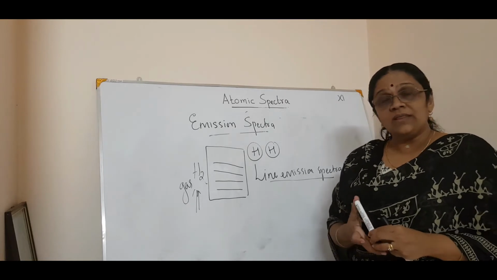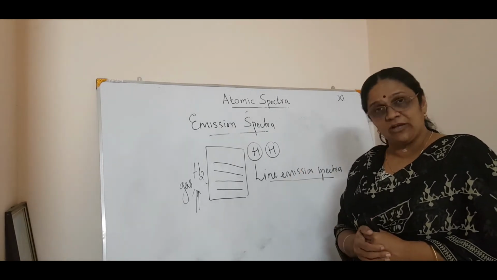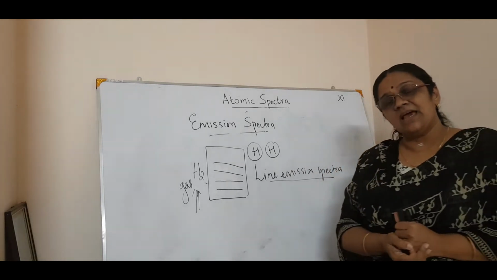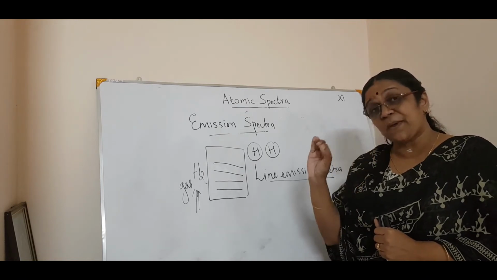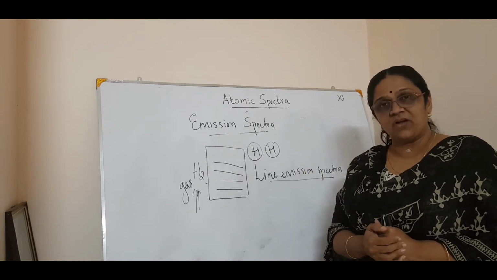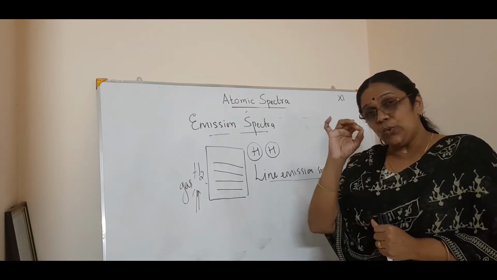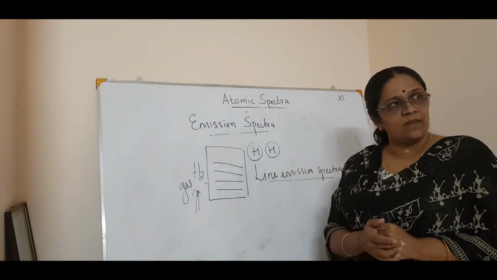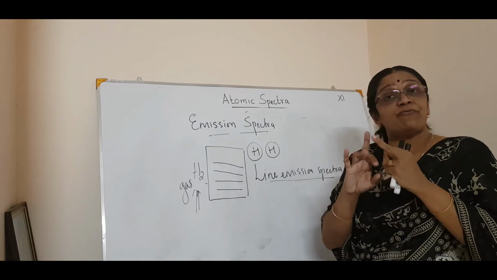And this line emission spectra is very, very important. Why? Because each element has got a unique line spectrum. Got it? Each element has got a unique line spectrum. It's atomic spectrum, whatever. Each element. So that is exactly similar to our fingerprints.